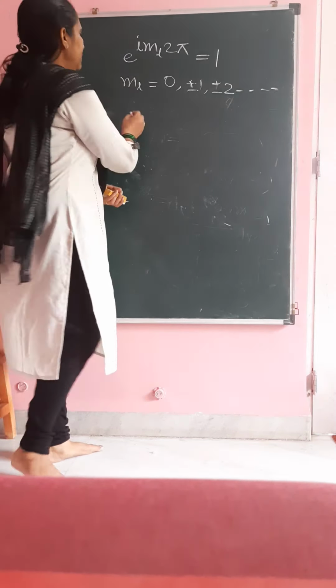Now in case of the third equation, that is the R equation, we have the term energy. Now energy values are quantized. What is the meaning of quantization? Specific values.